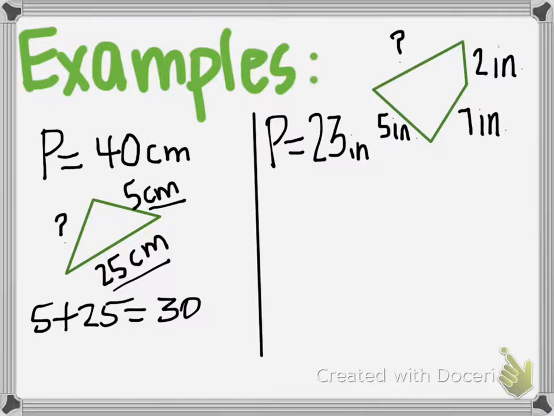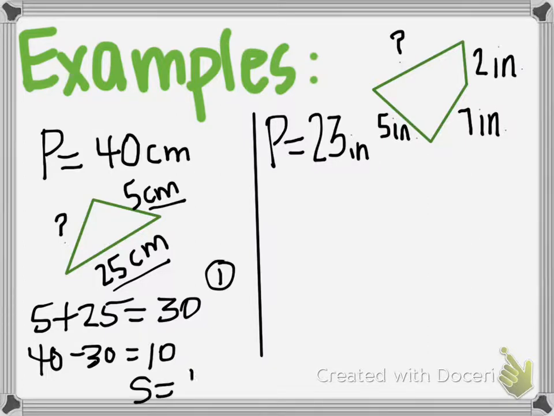So the first step is to add all the known side lengths. And then the second step is to subtract the sum of the two side lengths from the perimeter. So it would be 40 minus 30 equals 10. So here the side length is 10 centimeters.